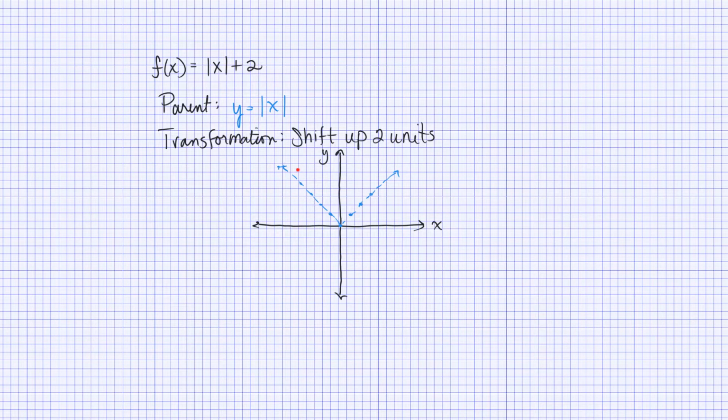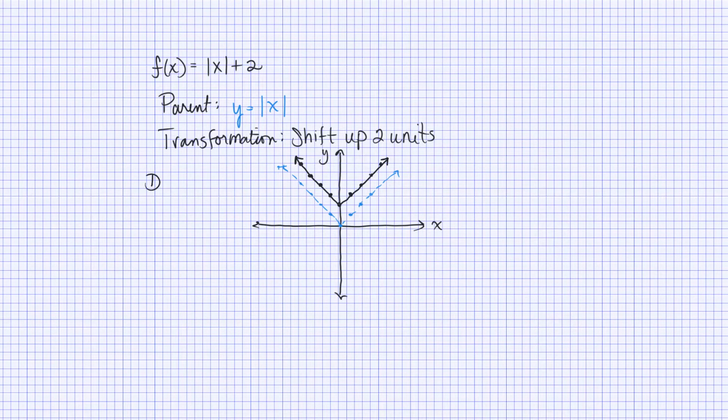So this point is going to shift up 2. This one's going to shift up 2, up 2, up 2, up 2. All of them are going to shift up 2 units. And so there is my function f of x equals the absolute value of x plus 2.